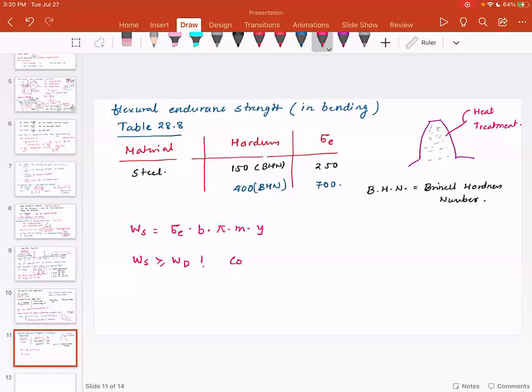This is the condition to check. We have found out the actual load coming on the gear, this is the actual load, and this is the load the gear can withstand.